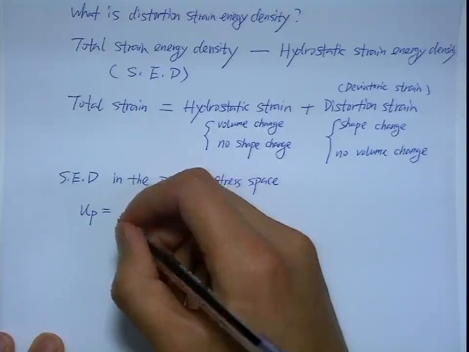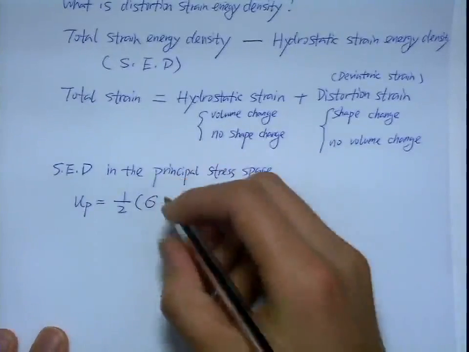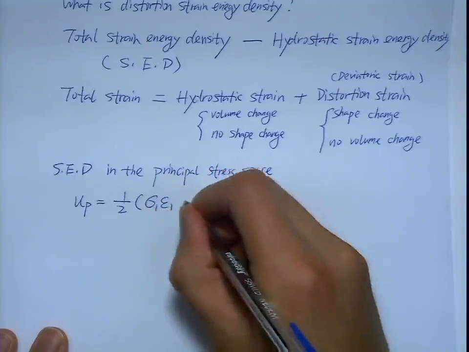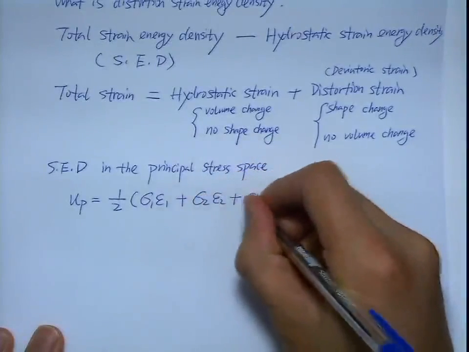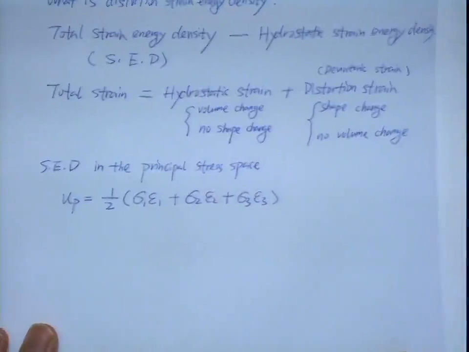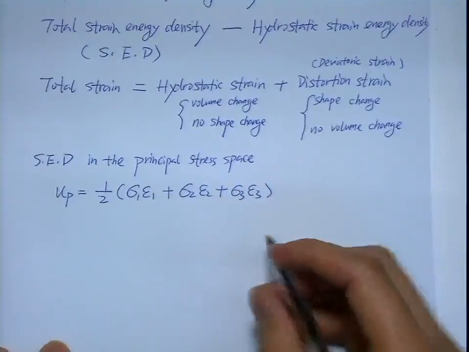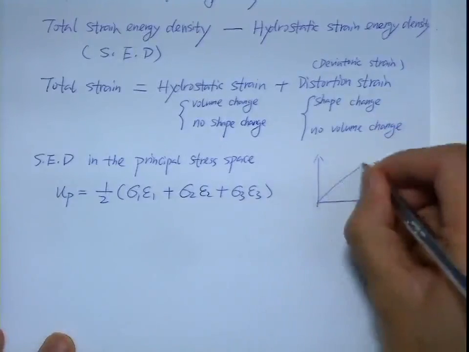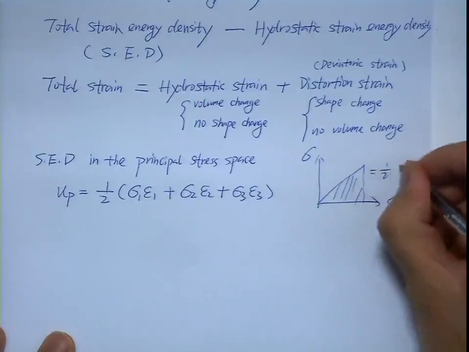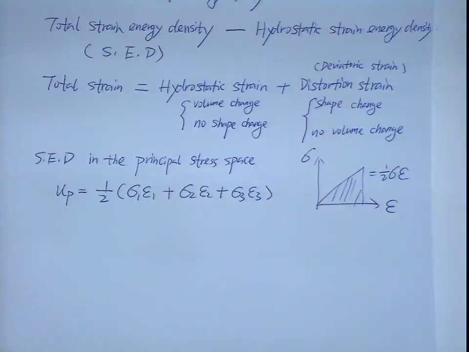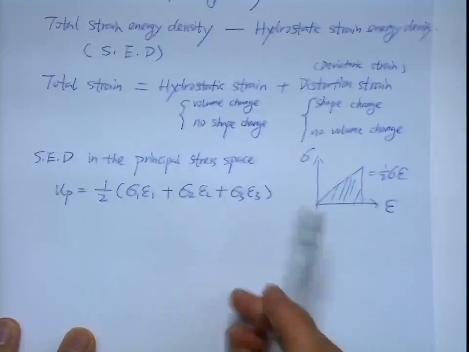The strain energy density in the principal stress space is basically one half of sigma 1 epsilon 1, plus sigma 2 epsilon 2, plus sigma 3 epsilon 3. You can read your last lecture notes. You will get that. It's basically you integrate the area in this triangle, that's equal to half of that. But because it's integrated over the whole volume, you have to sum them in three directions.